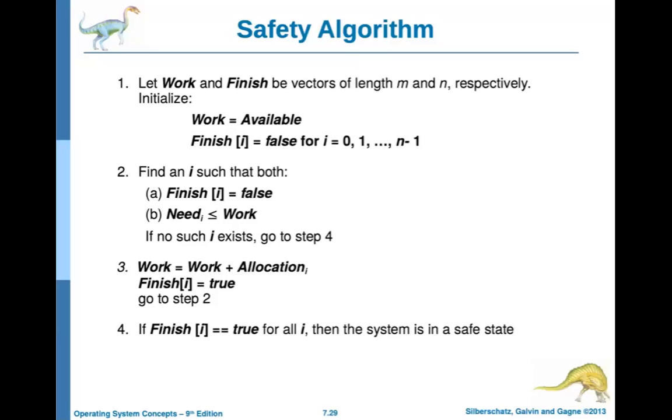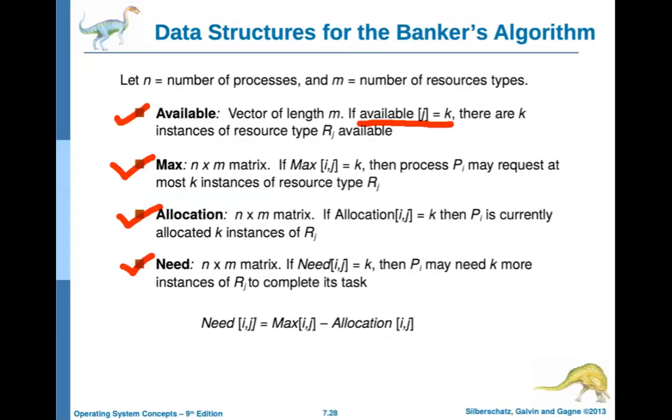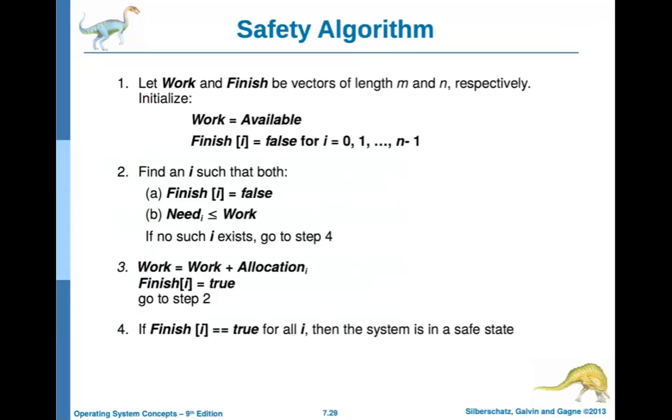Now for this algorithm, the previous four are definitely required. Those are the available vector, then max, allocation and need matrices. In addition to this, there is something called work and finish.